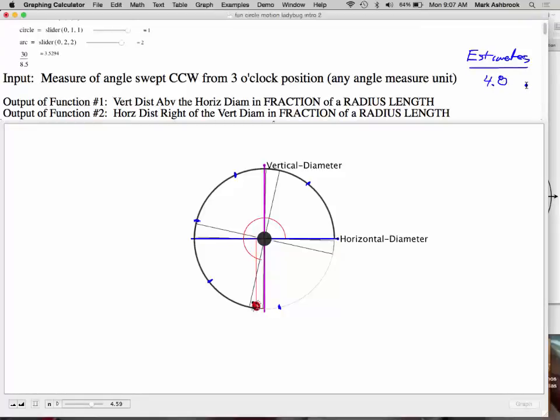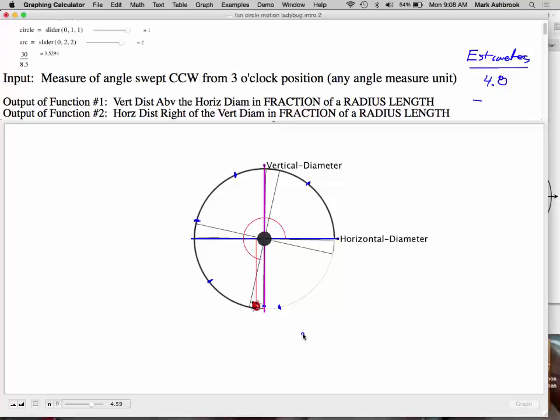Okay, so now, vertical distance above the horizontal diameter as a fraction of the radius length. What do you think? Negative 0.9. Yep, it's negative. And maybe even negative 0.95, right?